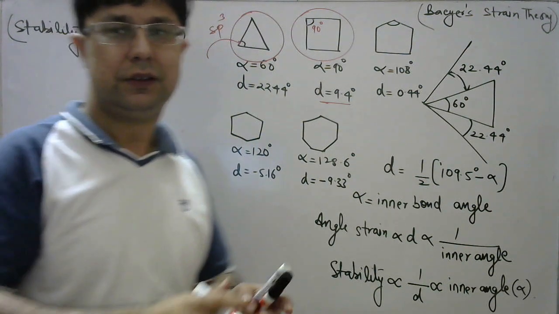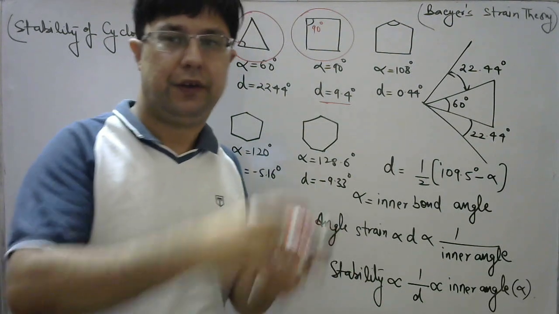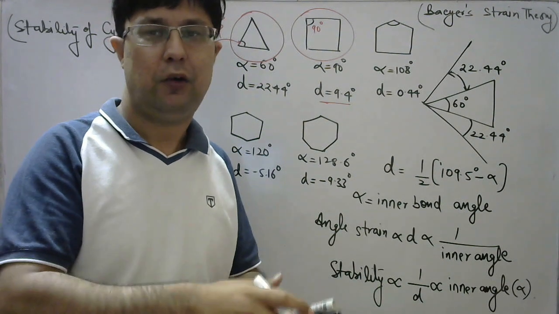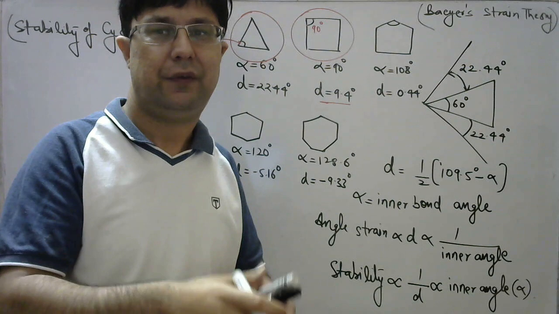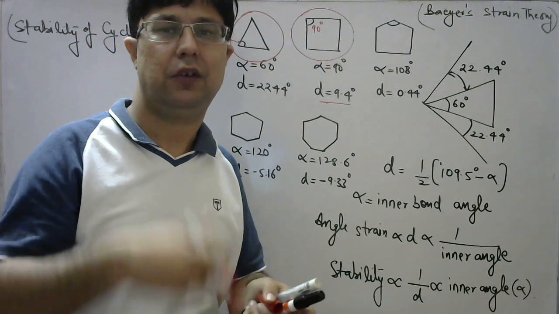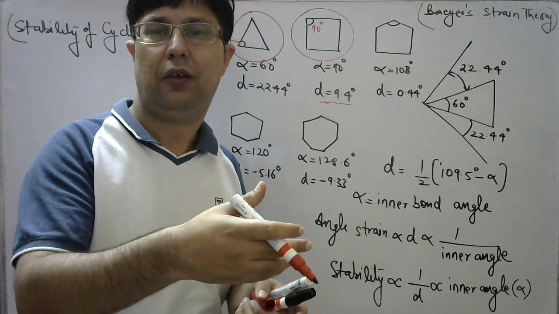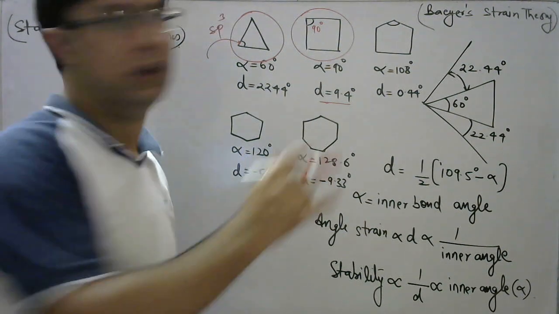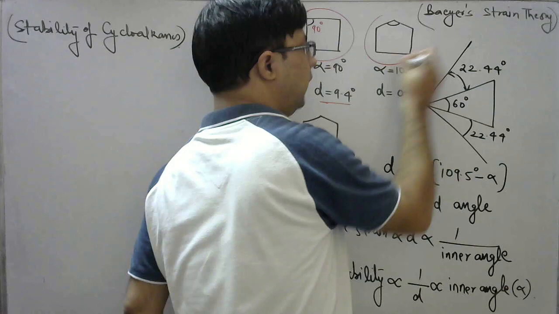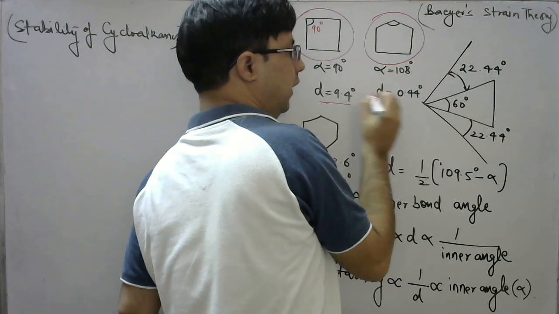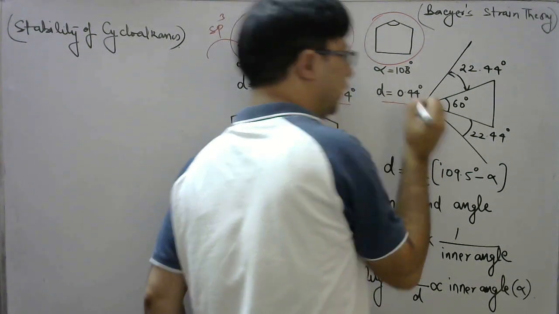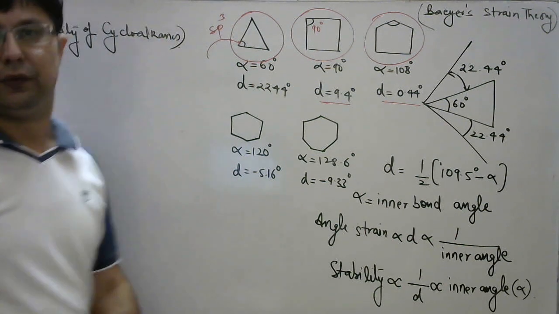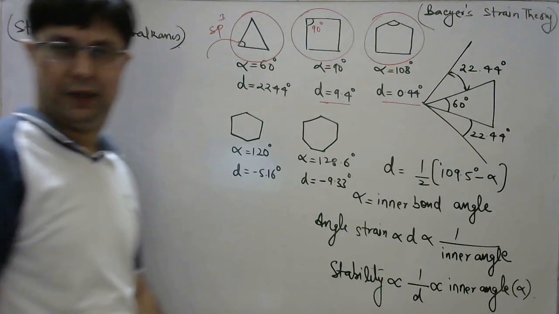So what happened? The angle of deviation decreases. If the angle of deviation decreases, definitely I can say, as far as the angular strain is concerned, cyclobutane has to be more stable as compared to cyclopropane. In the case of cyclopentane, what is the angle? It is 108 degrees. The angle of deviation further decreases and becomes 0.44 degrees.